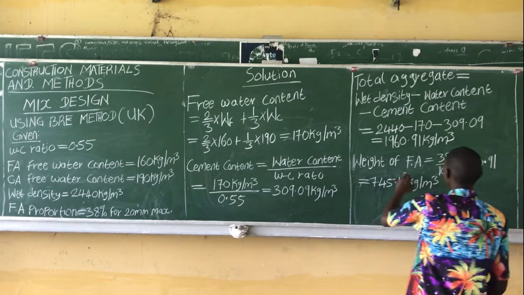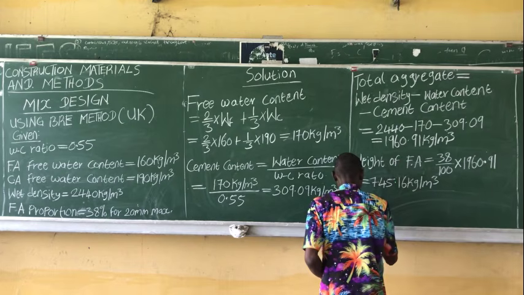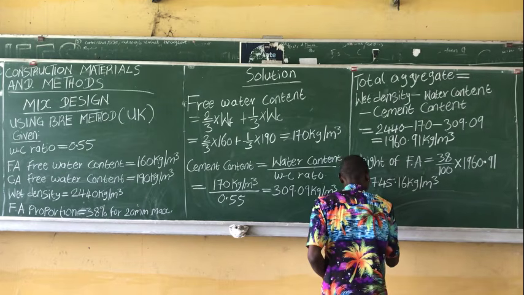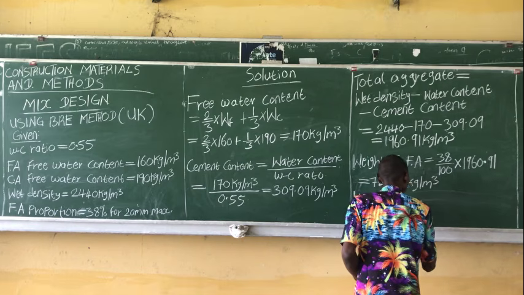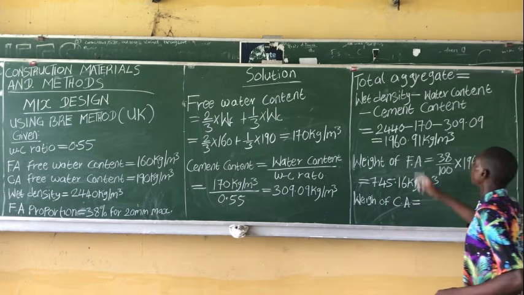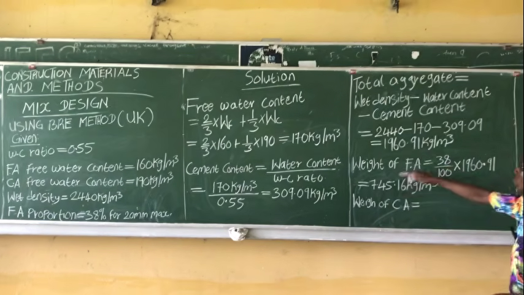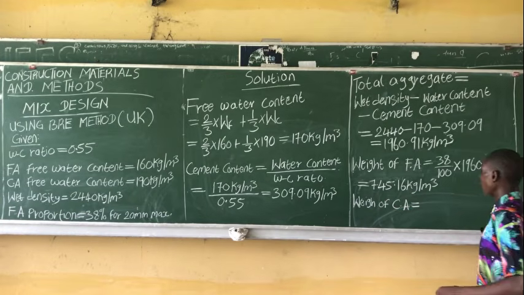Okay, so the weight of coarse aggregate is simply going to be the weight of the total aggregate minus the weight of fine aggregate.